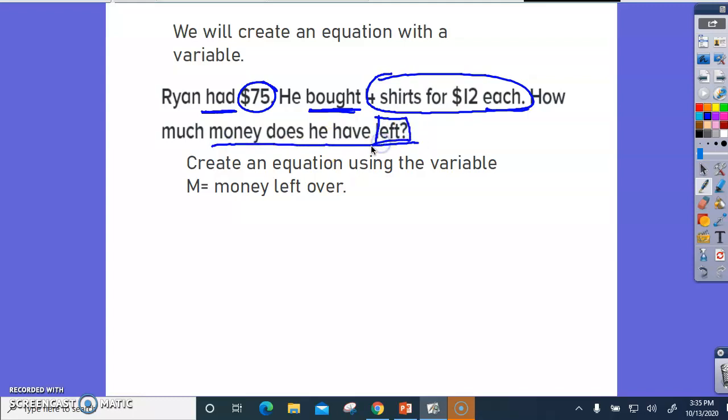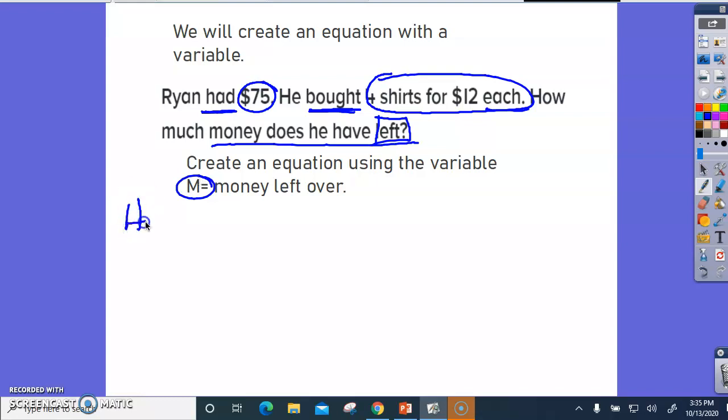I'm going to box that word. He has left. So I'm thinking, that sounds like subtraction. But I also know I'm doing multi-step problems, and we've been learning order of operations. So here we are going to create an equation using the variable M for money left over. So that is how we're going to build it.